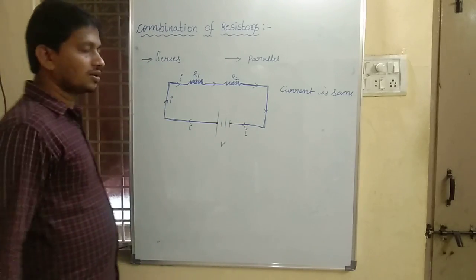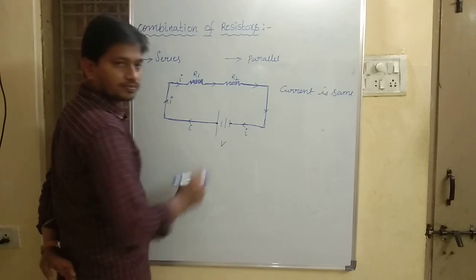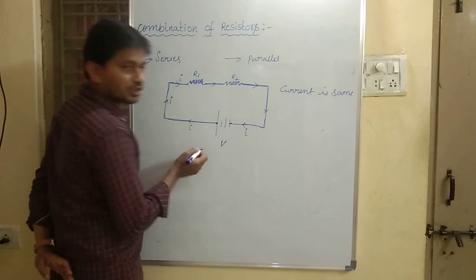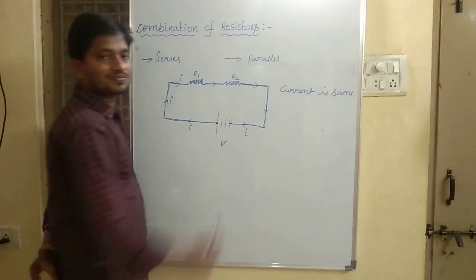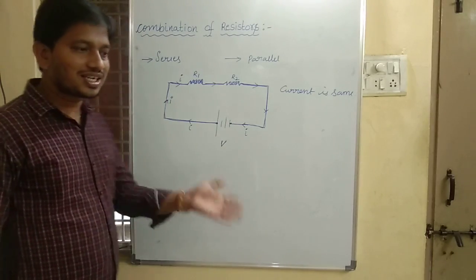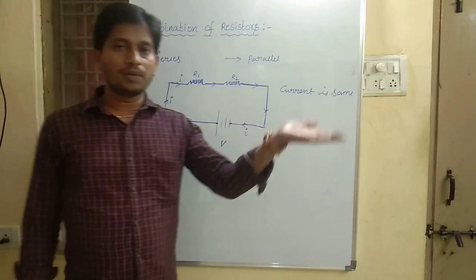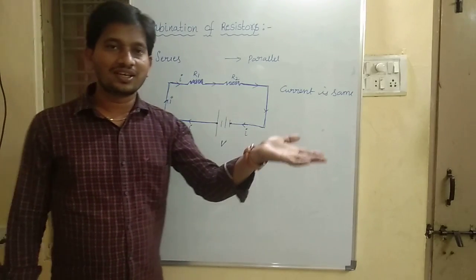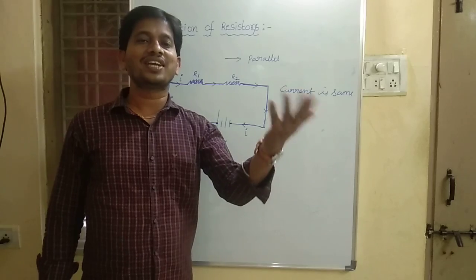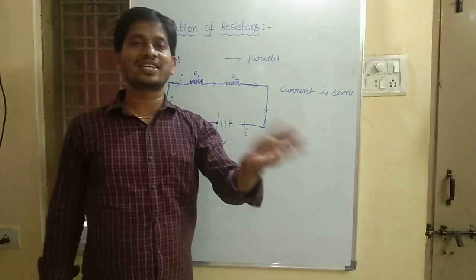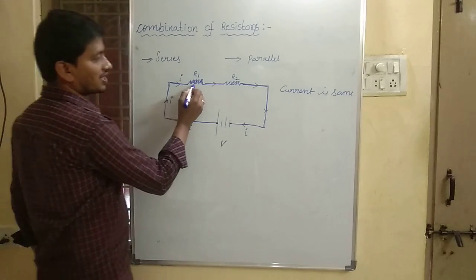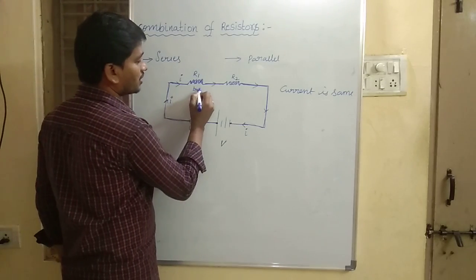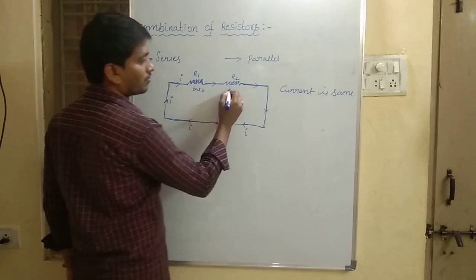The second important point is that potential difference is going to be distributed. For example, this potential difference V is going to be distributed to resistor R1 and resistor R2. Resistors are nothing but bulb, fan, TV, geyser, any electrical equipment; it contains one resistance. For example, this resistor R1 is a bulb and this is my TV.